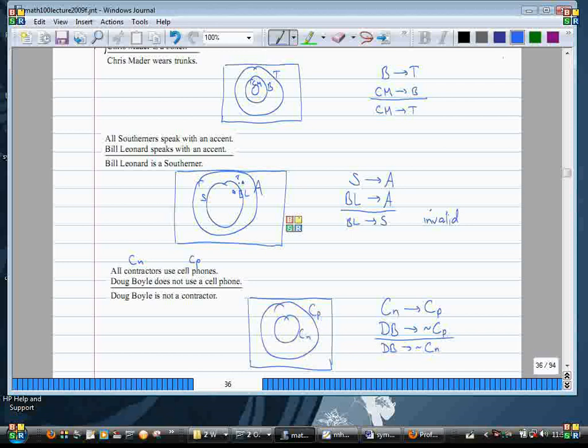And then D is going to be outside of CP. Oh wait, no. Alright.